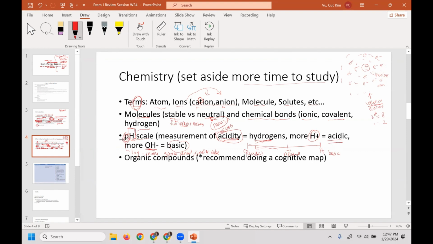Then make sure you know the organic compounds. That's the 4 main basic ones. You tell me, what are the 4 main basic organic compounds?